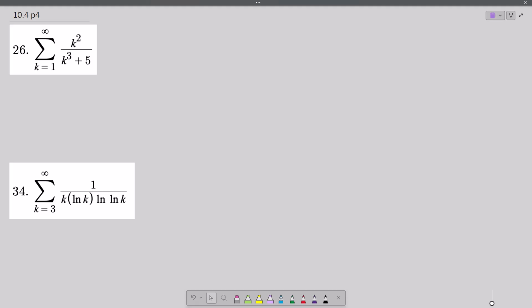And as you're looking at that integral, what form is that integrand in? It's almost in log form. You have to multiply top and bottom by 3. Right? The derivative of the bottom is 3x squared, or 3k squared.